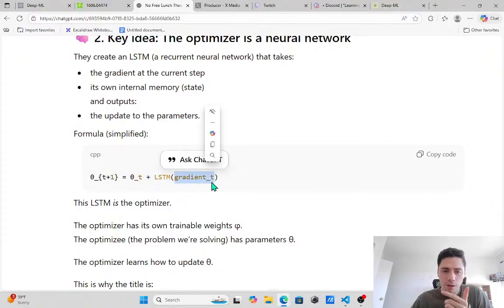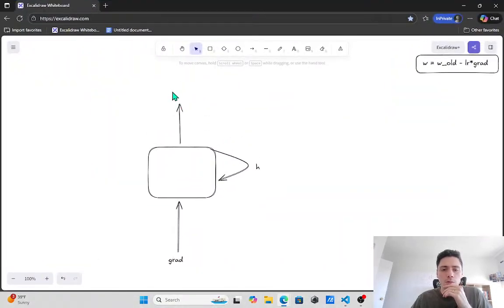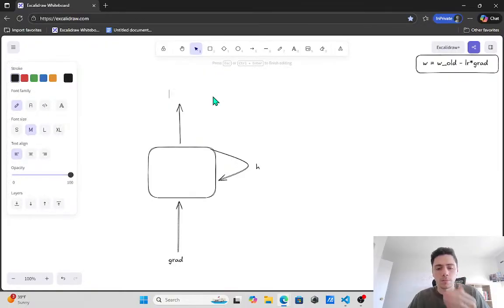We're taking in the gradients and trying to shift those gradients. Oh, that's interesting. So I guess we're just trying to shift those gradients and get the output from here. So output would be, I guess, a new brand.